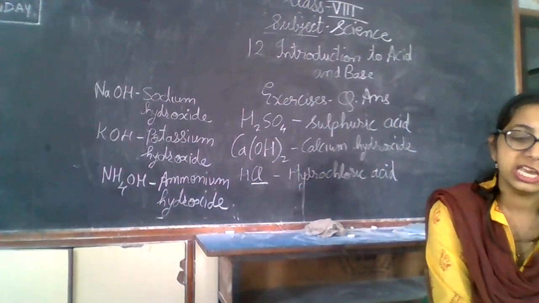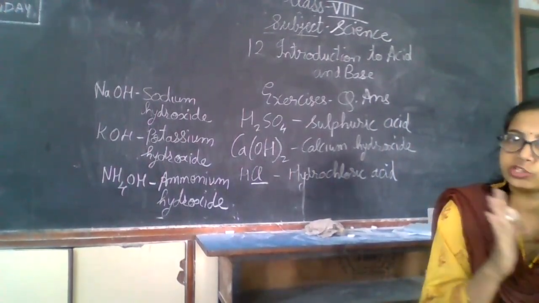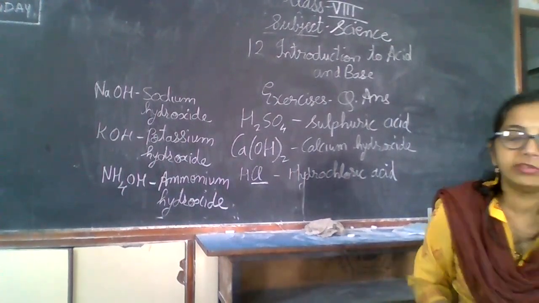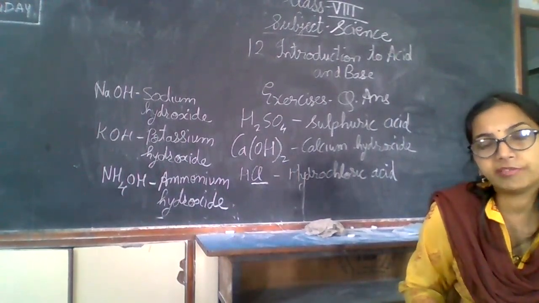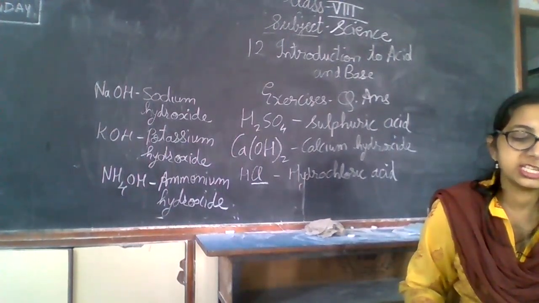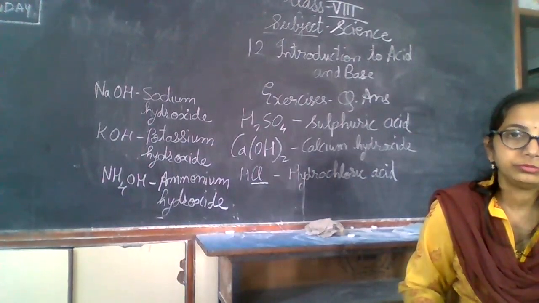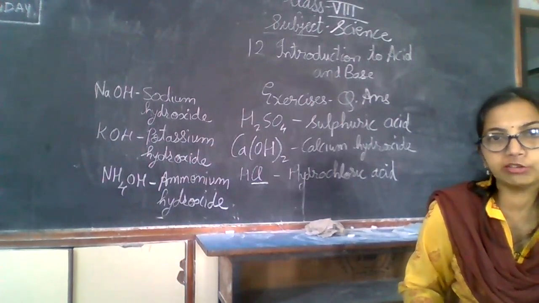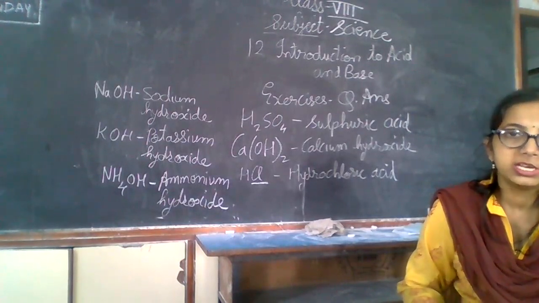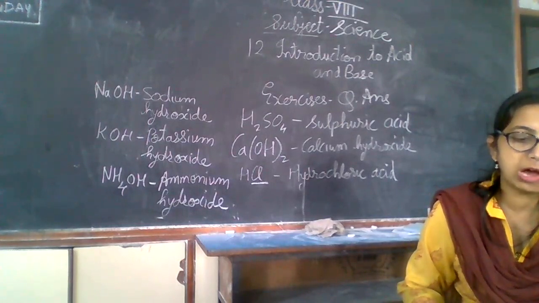Hydrochloric acid is used for getting chloride salt, where hydrogen ion will get separated and chloride ion will get separated. That can react with some other substance and form a salt. With sodium, it will give sodium chloride and hydrogen ion will be separated to form water.